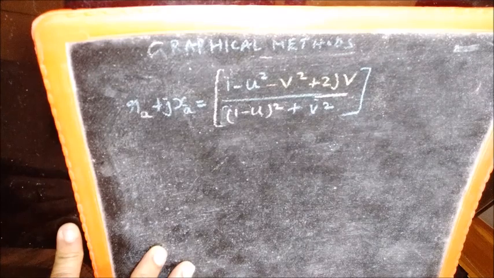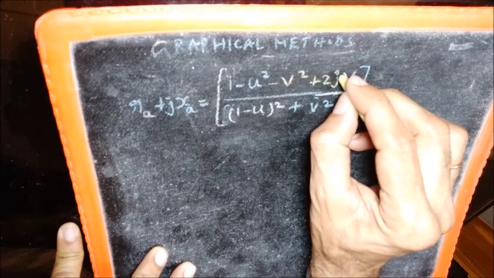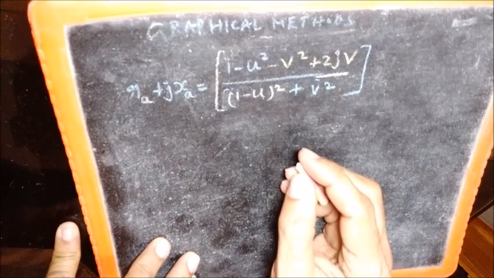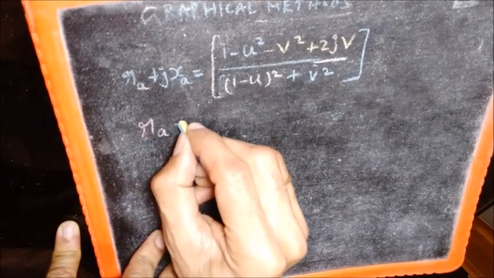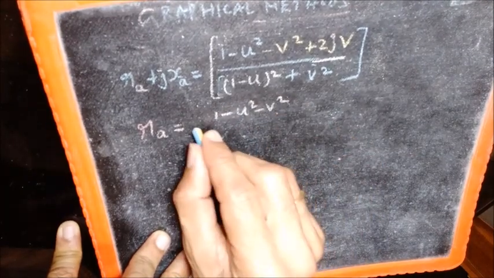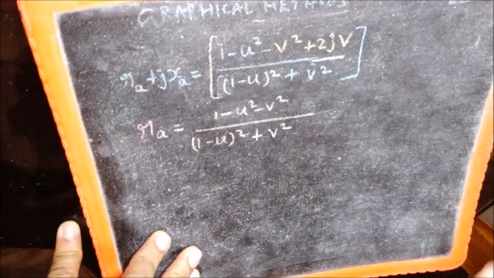Now, this is j, that is the square root of minus 1. Now you can compare the real and imaginary parts and write down expressions for Ra as equal to 1 minus U square minus V square divided by 1 minus U square plus V square.